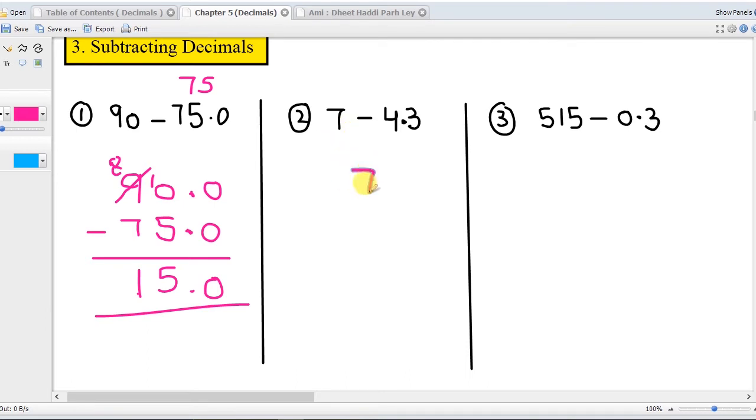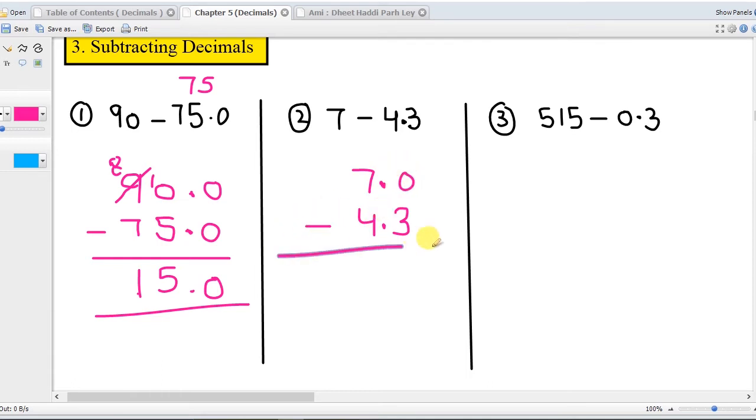Next question, 7 take away 4.3. Just write 7 here, and now we have to write 4.3, but first we have to figure out where the decimal point is with this 7. By default the decimal point with the 7 is here. So now write the decimal point here. Now write the number 4.3. If there is no number with this 7 after the decimal point, it's a 0.